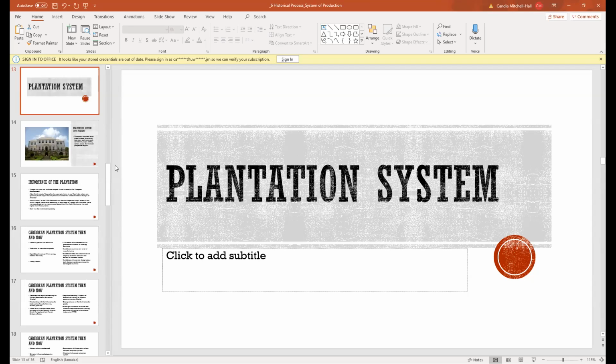Encomienda and slash and burn. Yes, encomienda and slash and burn. So those are the two systems that we would have looked at.